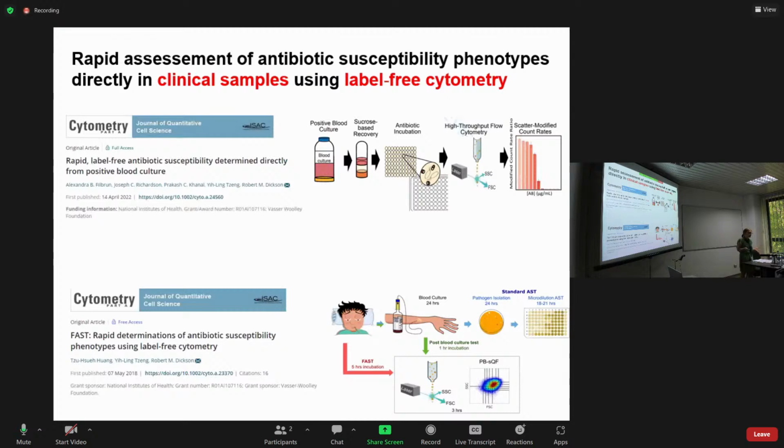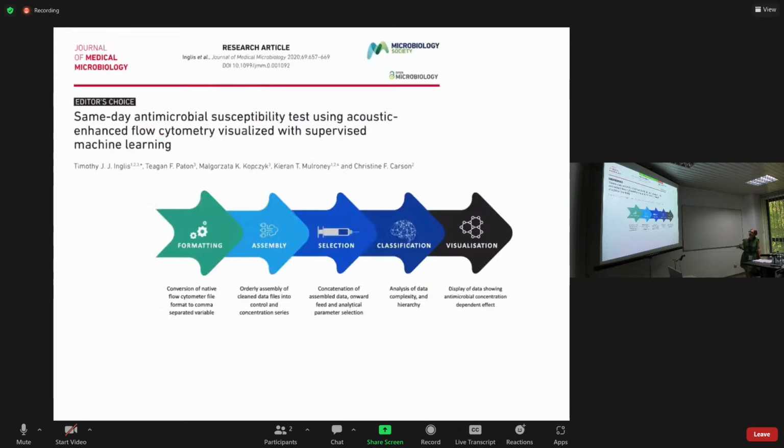So when we are saying label-free cytometry, many of you from this room know very well, it means that we are getting information about the size of the cell by interpreting the side scattered light, and also about the granularity of the cell by interpreting the forward scattered light. And these parameters could be sufficient in order to differentiate between viable, metabolically active bacterial cells, and dead cells. Because dead cells are changing their size, their dimensions, and other things like this.